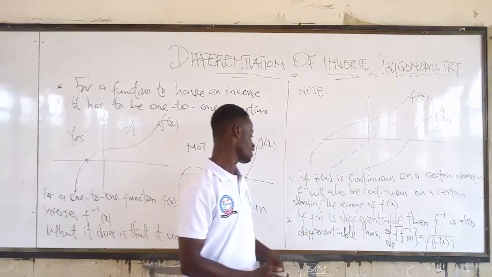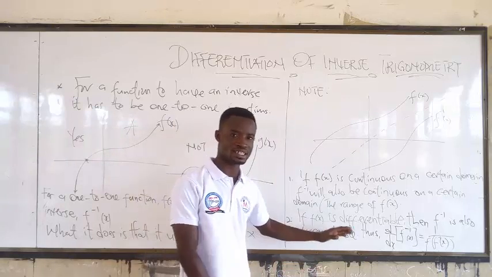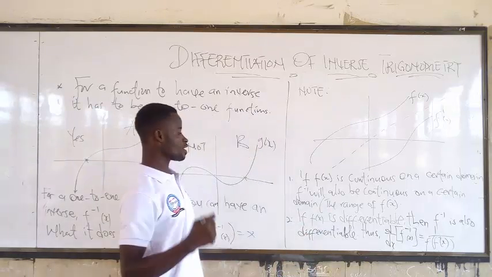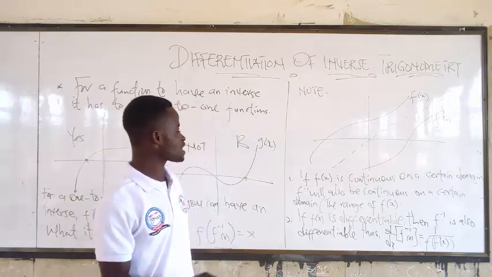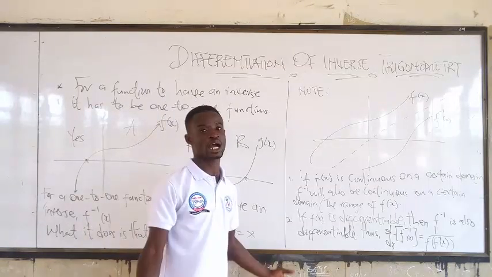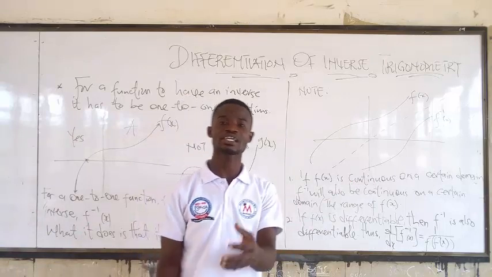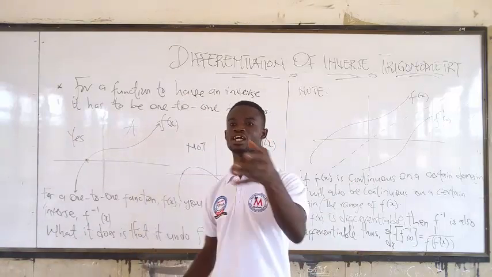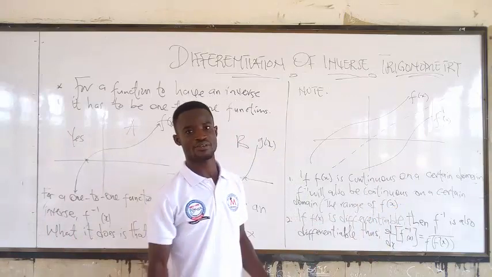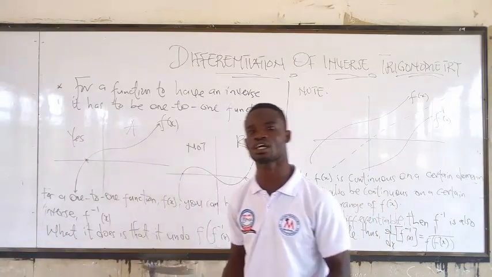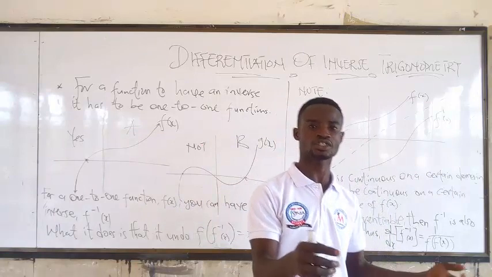Second, differentiable. Take note of the second one carefully. If f of x is differentiable, then f inverse is also differentiable. It's true. And you know that for a function to be differentiable, it has to be continuous. And we are saying that if the function is continuous, then the f inverse will be continuous.